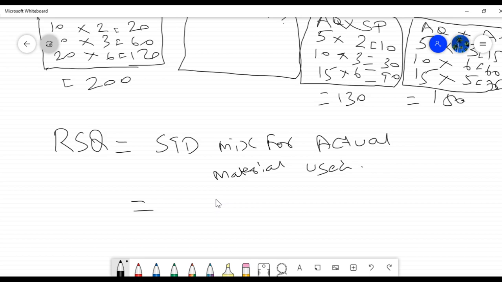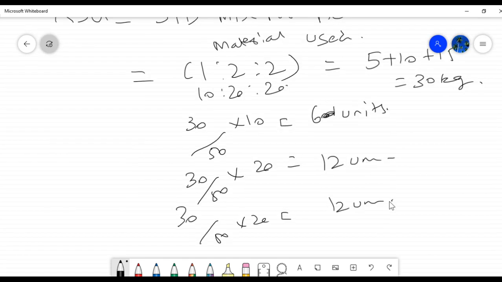Then 30 divided by 50 into 20 is 12 units. Again 30 divided by 50 into 20 equals 12 units. So 6:12:12. 6 kg, 12 kg, 12 kg. That is my RSQ.